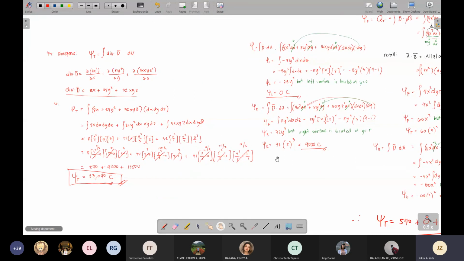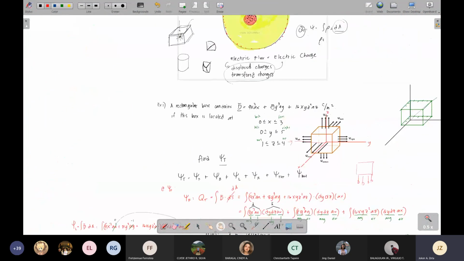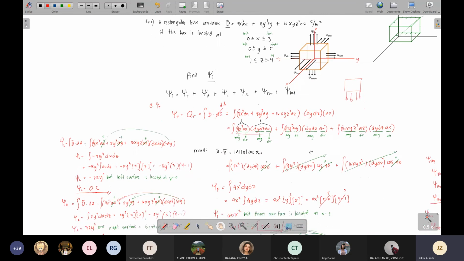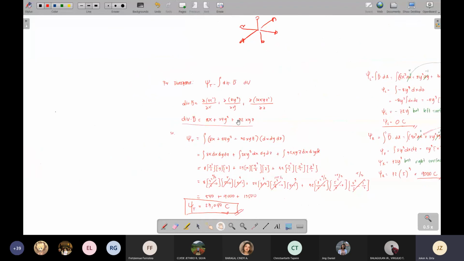Now, do not be deceived. Okay? Because it depends on your flux density. It depends on how complicated your flux density is. There are equations that are very easy to integrate but very complicated to differentiate.